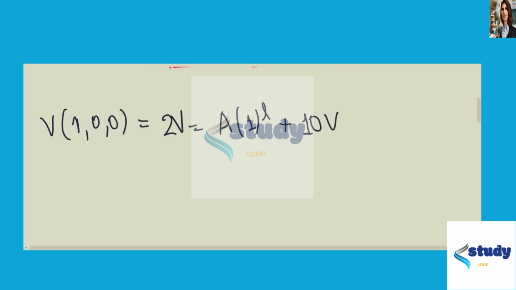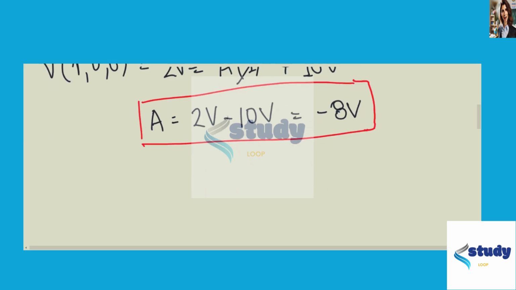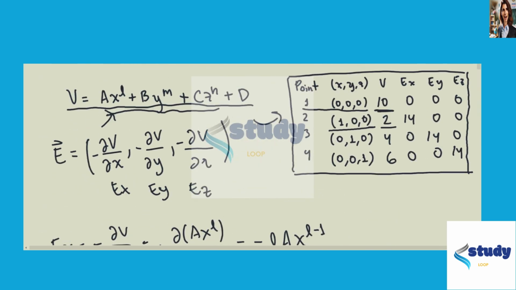So 1 elevated to any number is 1. So A is equal to 2 volts minus 10 volts, which is minus 8 volts. This is the constant A. We do a similar procedure to find the other constants.